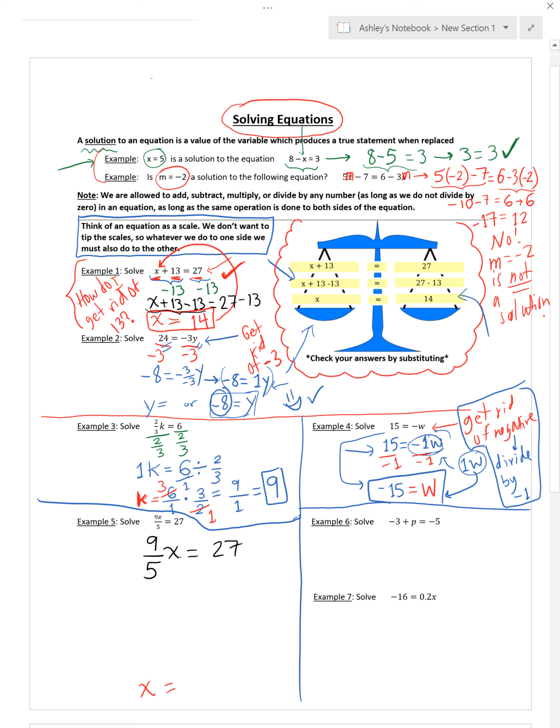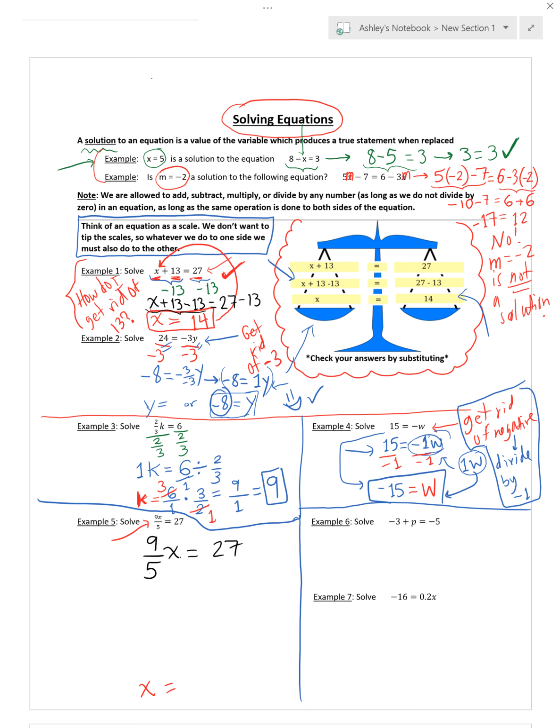So this way, I see x is next to 9/5, and I think I can get rid of 9/5 easier than the way it looked before when x was in the mix of everything. So if you ever see your variable in the numerator, just feel free to shove it off to the side and extract it so you just see the fraction all by itself.